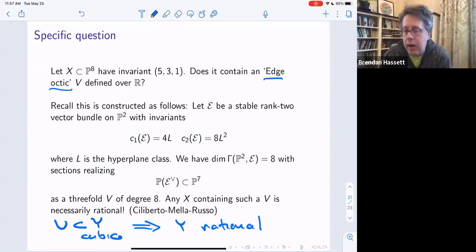We can speculate whether there's a way of producing these edge varieties just based on where X sits in the isotopy classification. I don't know the answer to this, but in terms of the cohomological invariants that we can compute readily, there's no obvious obstruction to this. And so this raises a lot of questions.